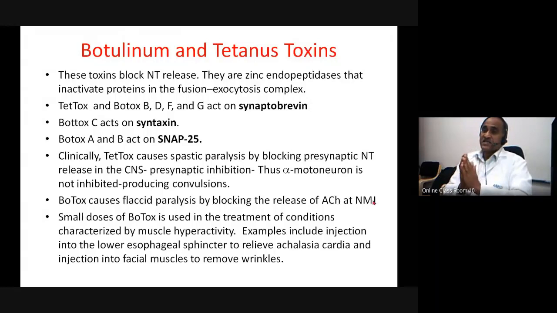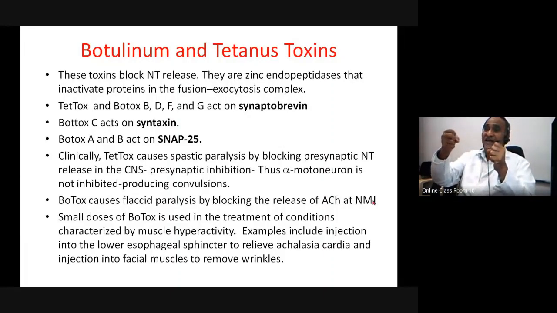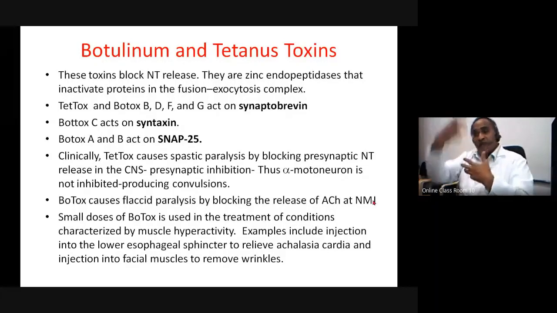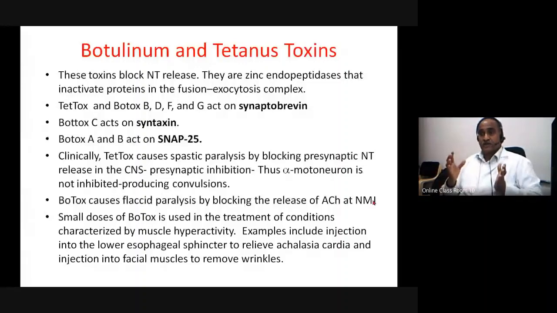In this condition, the acetylcholine transmission is excessive, so there is a spasm of this sphincter. This will not allow any entry of food material through the esophagus into the stomach.